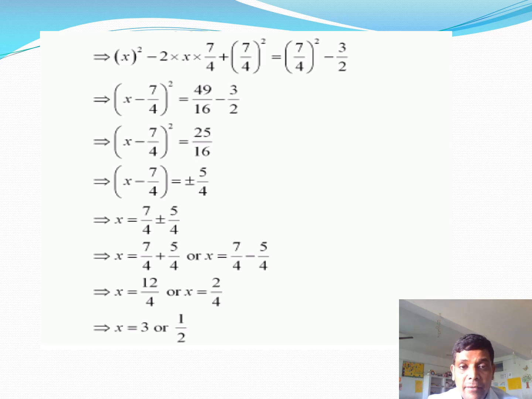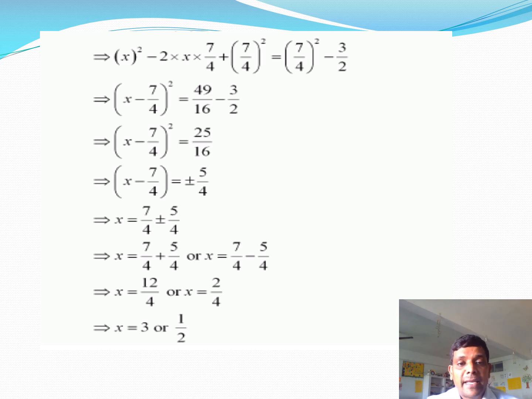A square minus 2ab plus b square is in the form of a minus b whole square. What is the value of a? x. The value of b is 7 by 4.